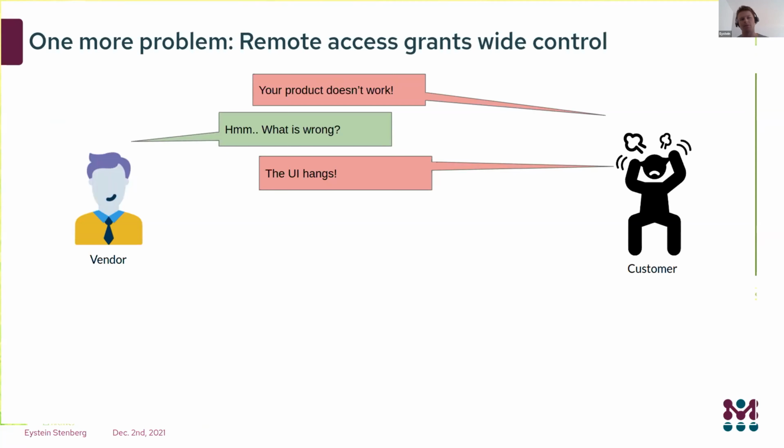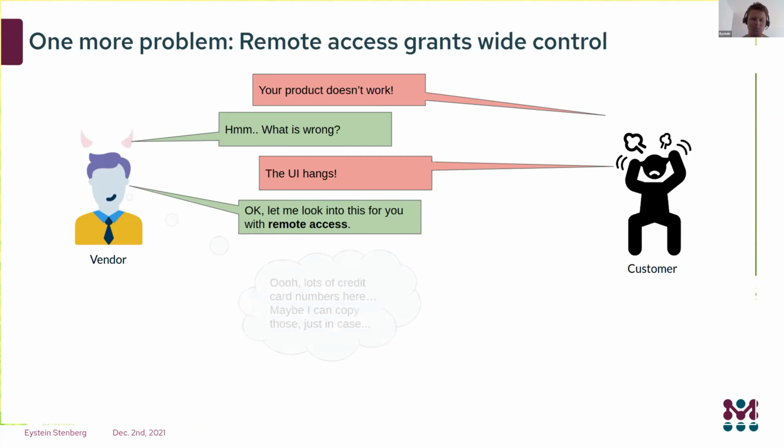Okay, so assume we have all this. That's still not enough, unfortunately, because the vendor gets pretty wide control here, or you as the vendor maybe, to the customer's device. So assume we have the same scenario, but now the vendor has remote access.